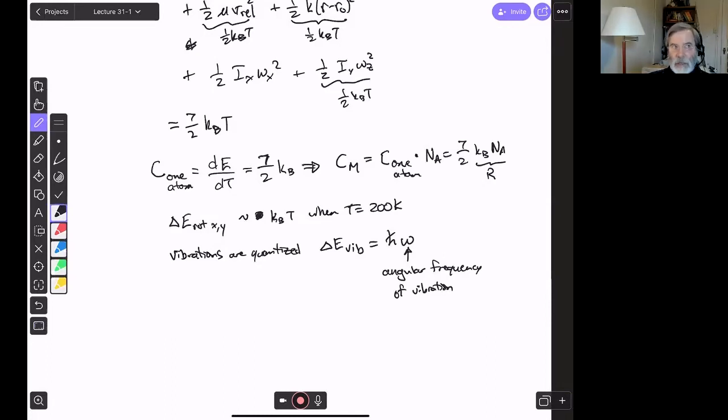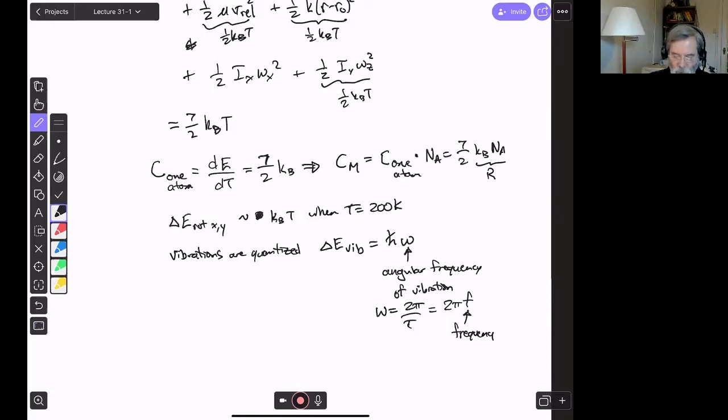And that's because, as we maybe will talk about next time, there is a deep mathematical connection between rotational motion and vibrational motion. But for our purposes, we can just say that omega, the angular frequency of vibration, is 2 pi over the period of vibration, which is 2 pi times what you might think of as the normal frequency of vibration. That is, how many times per second do the atoms vibrate back and forth.